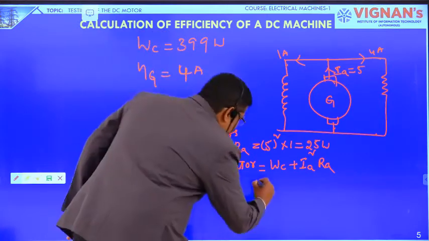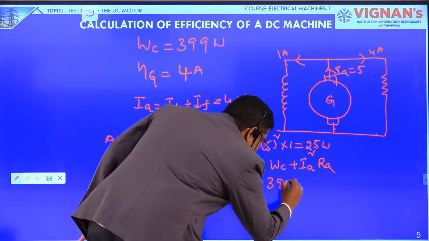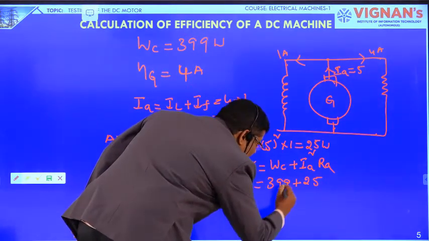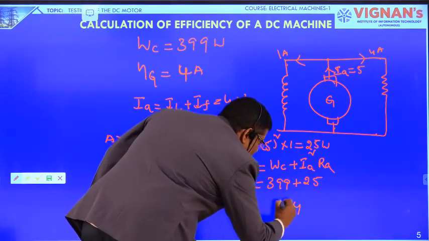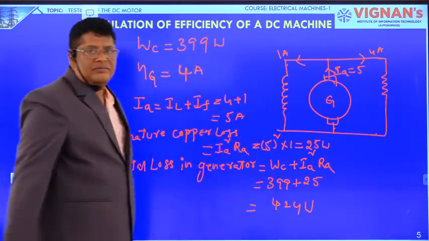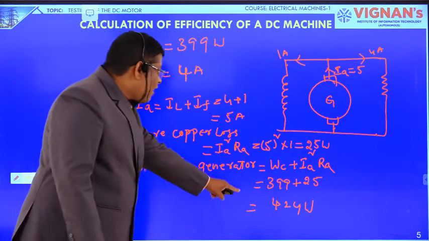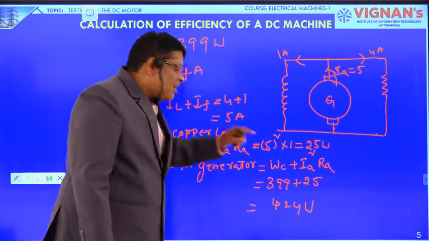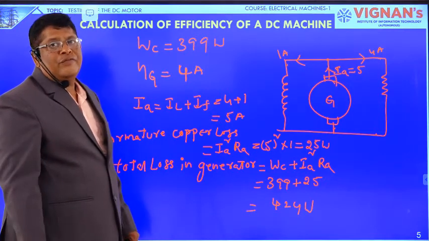Now this is equal to 399 plus 25. We are getting the value as 424 watts. This is the total losses in the generator, that is 424.